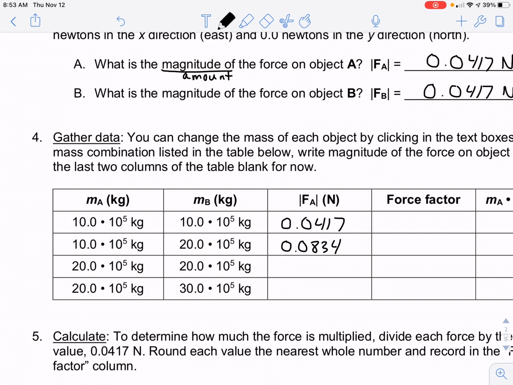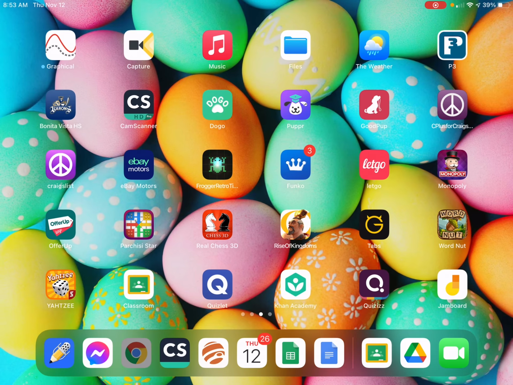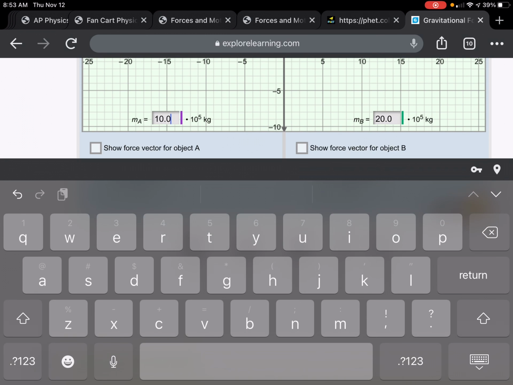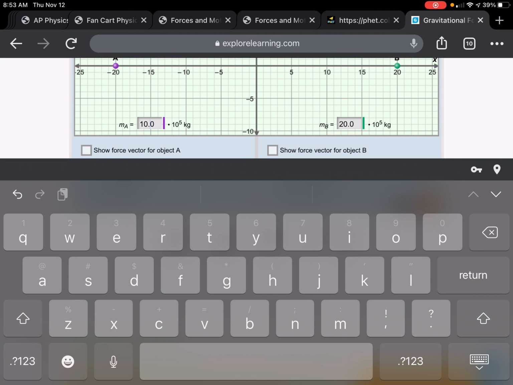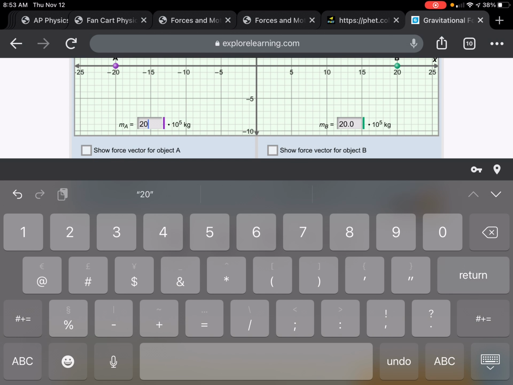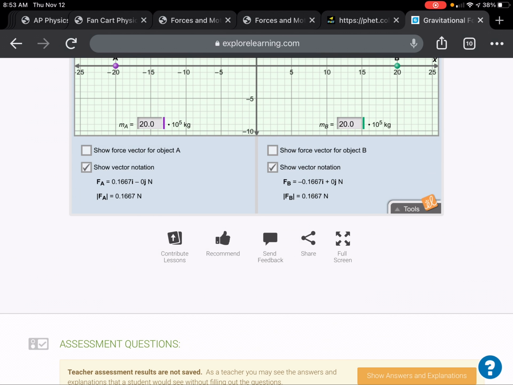Now we're going to double both of them, right? So both of them are going to be 20. Go over to mass A and type in a 20. And you can see that the magnitude of force, the amount of force on A, is 0.1667 newtons, written at the bottom left-hand part of the screen.